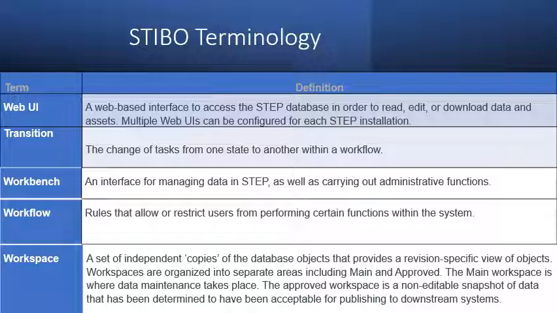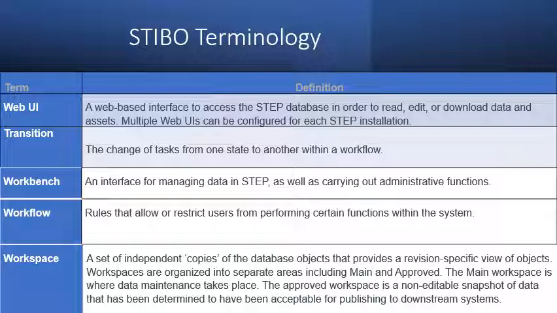Workspace is a set of independent copies of database objects that provides a revision-specific view of objects. Basically, the workspaces are organized into separate areas, including the main and approved. Two workspaces, main and approved.